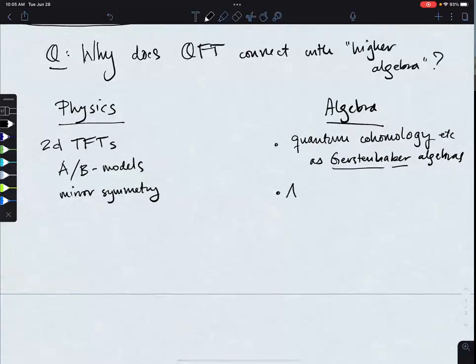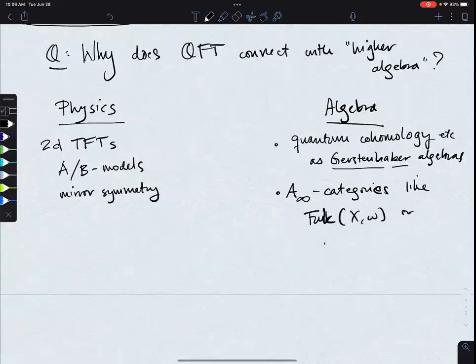Other corresponding things that are even more sophisticated, and this is the homological mirror symmetry conjecture of Kontsevich, involve things called A infinity categories, like the Fukaya category of a symplectic manifold, or the derived category of coherent sheaves of a projective algebraic variety, say.